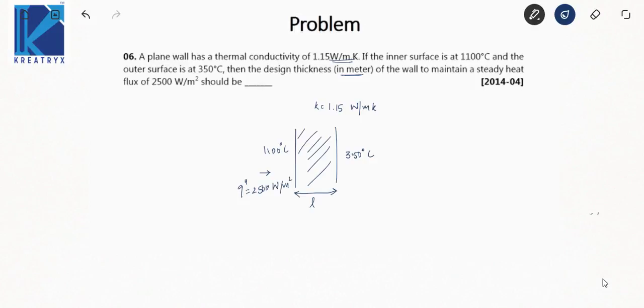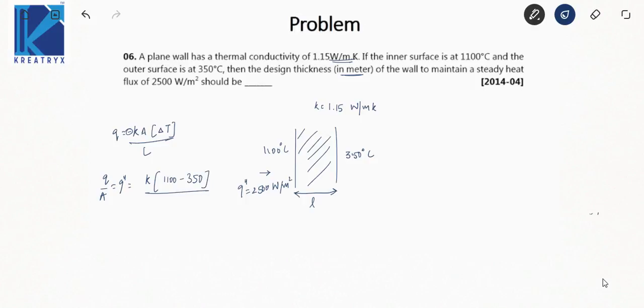Very simple question, again applying Fourier's law of conduction, which is Q is equal to K A delta T by L with a negative sign. I'll adjust the sign when I open this delta T. Q by A is equal to Q double dash, which is K (1100 minus 350) by L, sign has been adjusted.